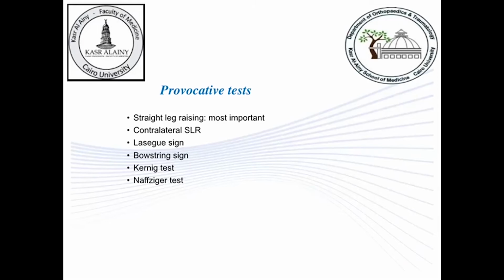The C sign: when you do ankle dorsiflexion, this increases the pain. The bowstring sign is the compression of the popliteal fossa, and the pain increases. Kernig test is done with the hip flexed and knee flexed, then the knee extended. And the Naffziger test.